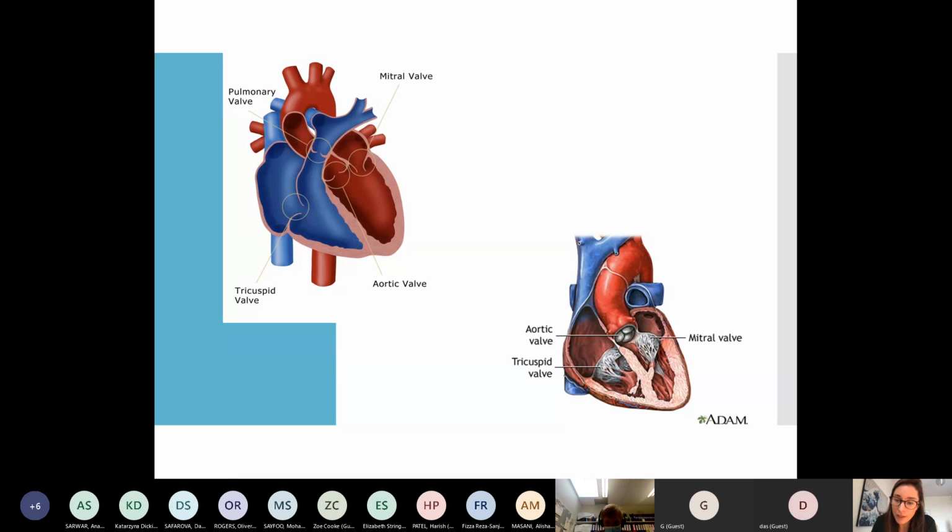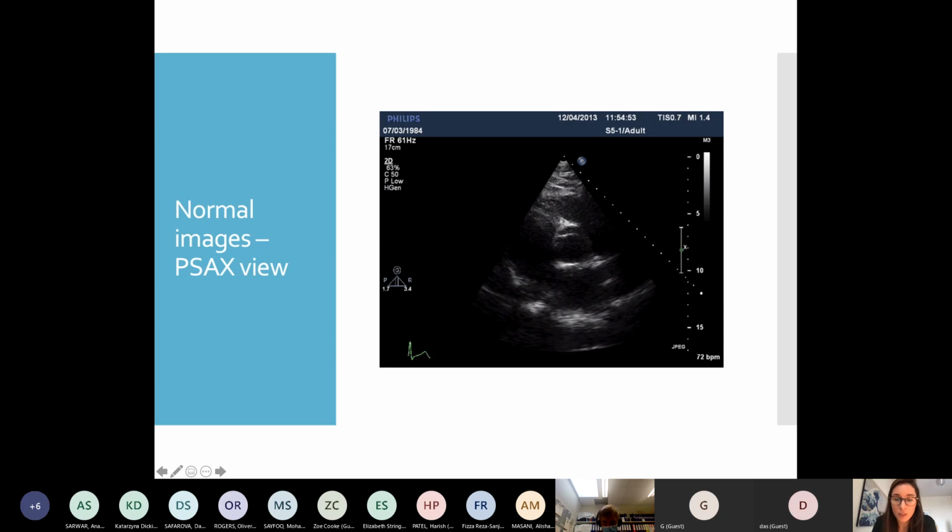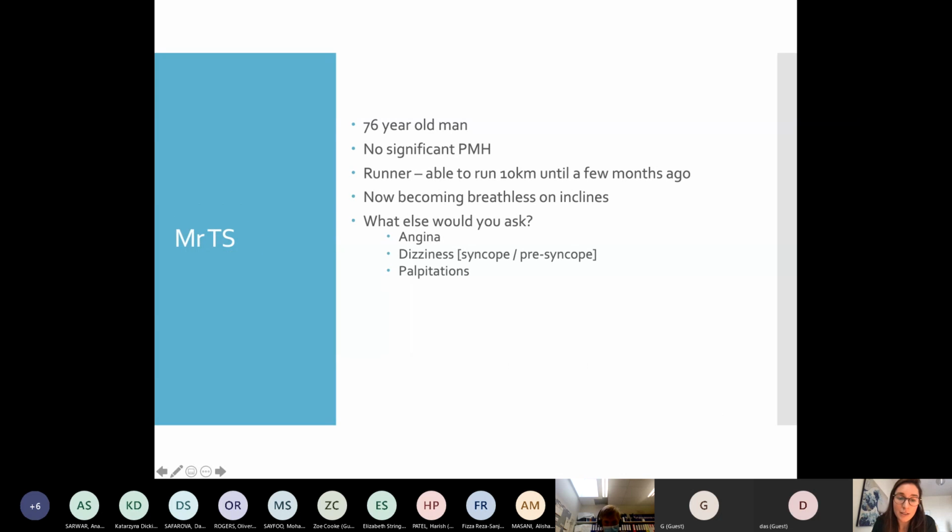So if this valve is stiff and not much blood is getting across it, then the symptoms you're likely to get are angina, because you're not getting enough flow to the heart muscle through those coronary vessels, and syncope or pre-syncope. So you're going to feel faint because you're not getting enough flow up to the head and neck either. So these are some of the classical symptoms of aortic stenosis.